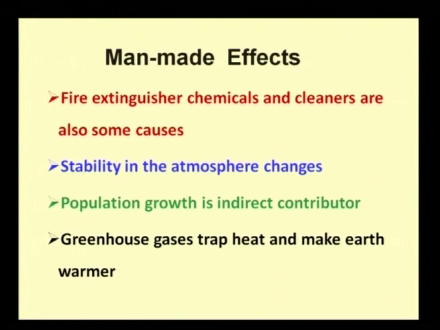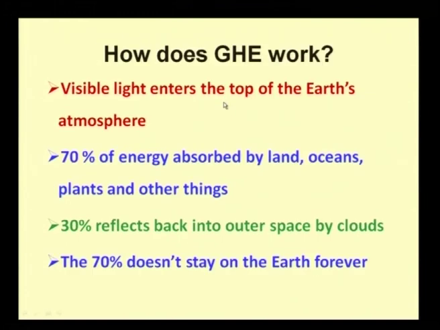And now, let us go into detail on how the greenhouse effect is caused. See, of the visible light that enters the top of the earth's atmosphere, as we have already discussed, around 70% is absorbed by land, oceans, plants and other things. 30% is reflected back into outer space by clouds, and this 70% does not stay on the earth forever.